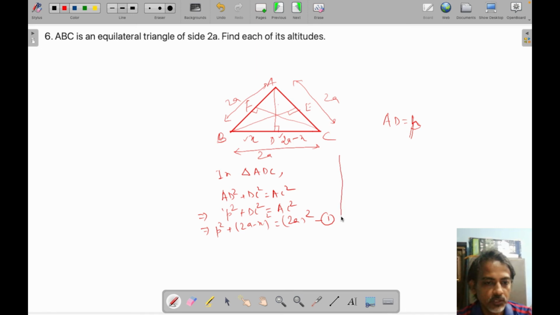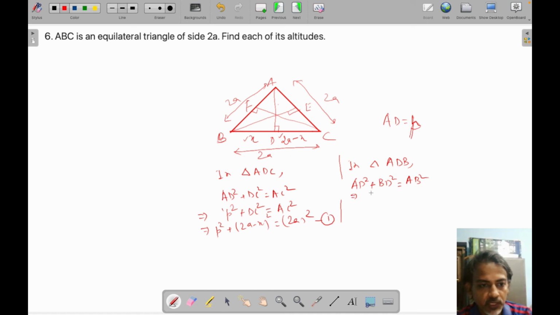Similarly, in triangle ADB, we get AD square plus BD square equals AB square.